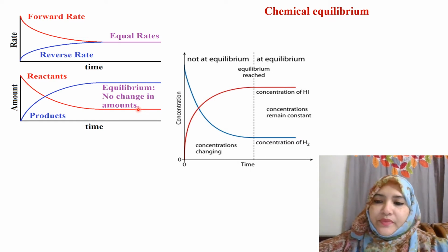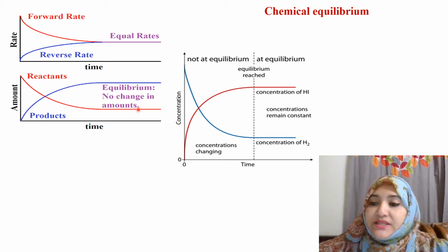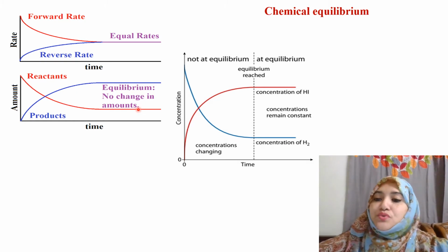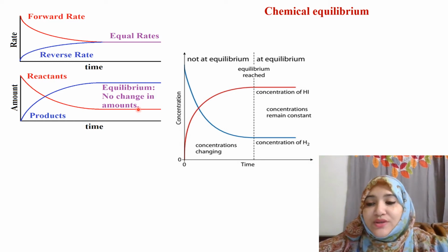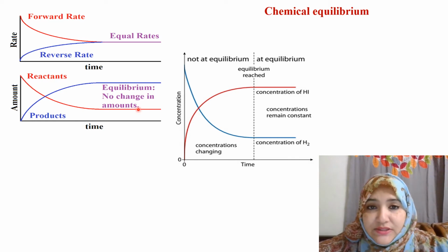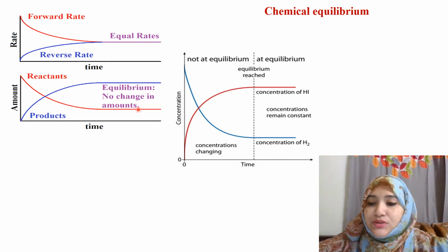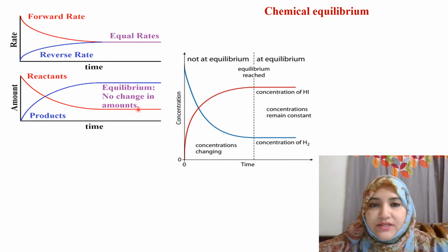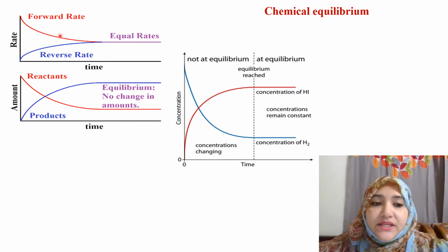We have already learned how to use stoichiometry to discuss limiting reactants and show how much of the products to expect. But these stoichiometry calculations are only for unidirectional reactions, that means only irreversible reactions, where we assume that all the reactants make products, and then the reaction is completely over.